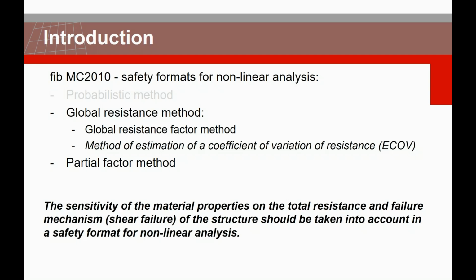Basically, you would like to do a nonlinear analysis using the mean values, but still know whether it is very sensitive to a change of failure mechanism, for example, or whether it's sensitive to the tensile strength. Those things are not very nicely incorporated in these methods which are here now, with the exception of the probabilistic method.